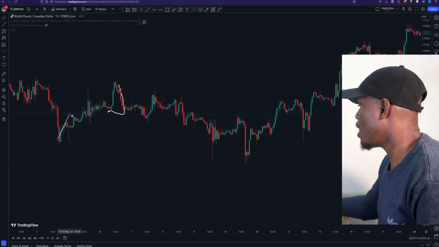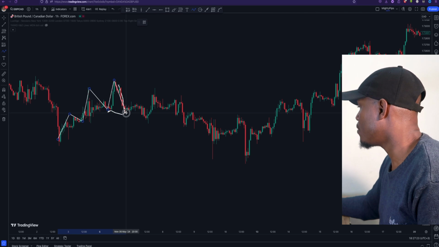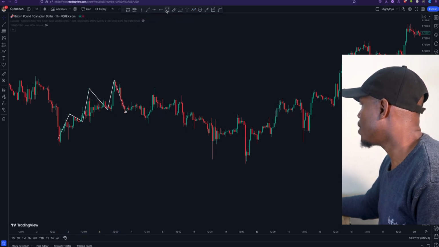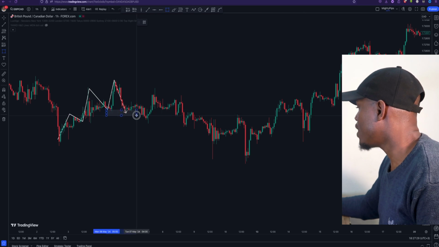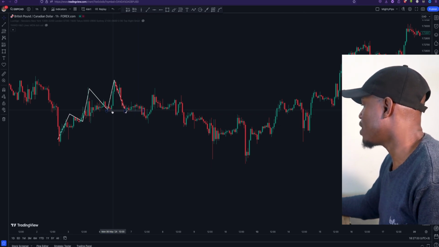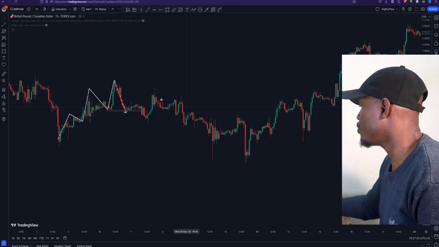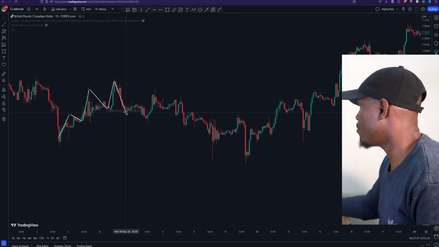Price was moving up, down, up, down, up, okay? Then it sold off here, okay? Sold off here and broke below this previous price, okay? Just as I demonstrated to you earlier on, came and broke below here.